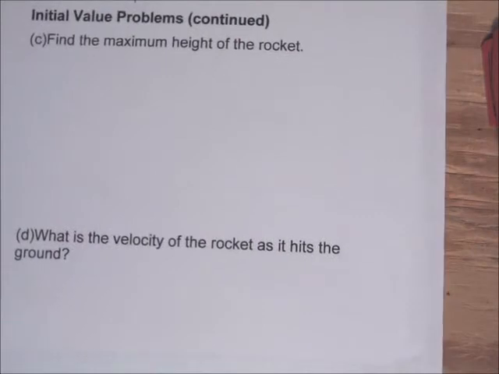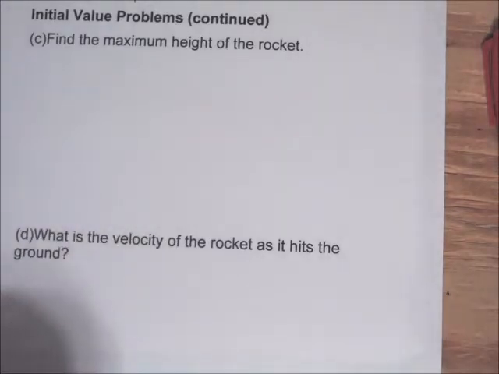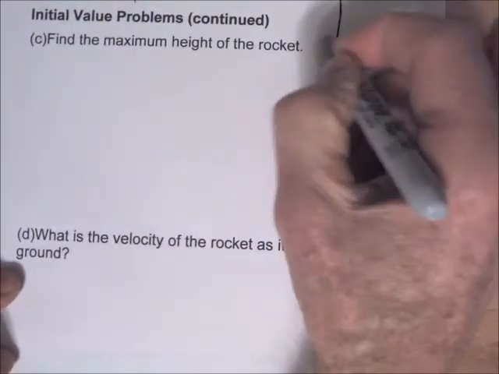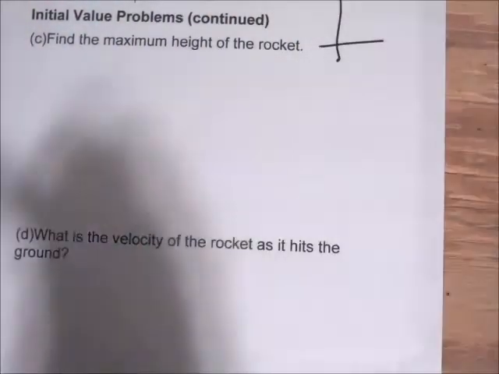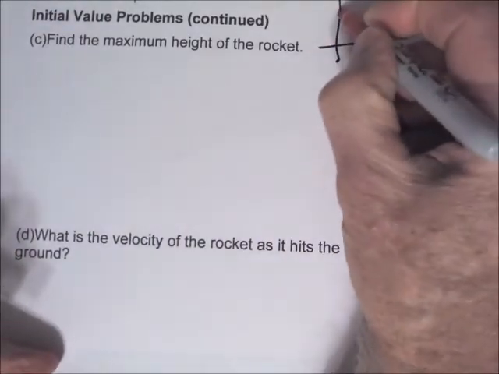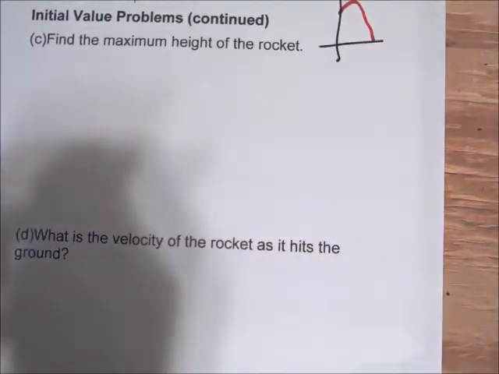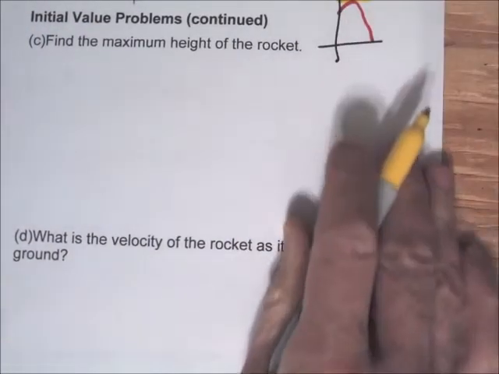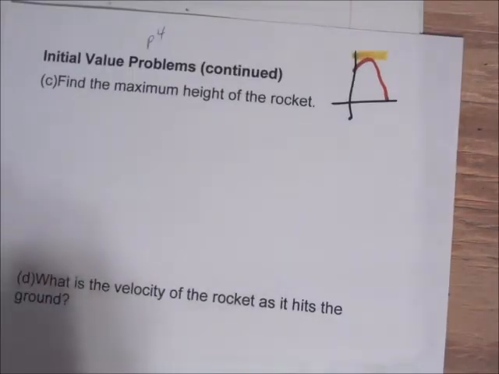Okay, so then the maximum height of the rocket. That's what we want. So again, the maximum height is going to occur when the velocity is 0. The graph is a parabola opening downwards. The graph looks something like this, and at the maximum height, velocity is just the slope of the tangent line, and that's going to be 0 at the maximum.